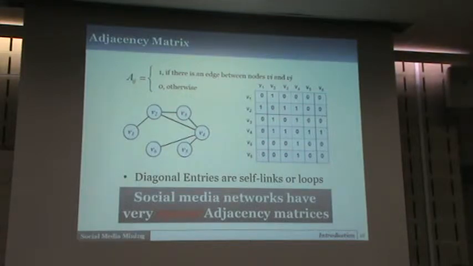Usually social media data, a social media network, has a very, very sparse adjacency matrix. What does sparse mean? Not many ones. Think about how many Facebook users there are, 1 billion. So we have a 1 billion by 1 billion matrix. How many ones for each user?